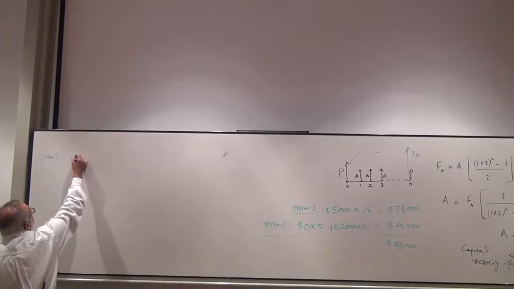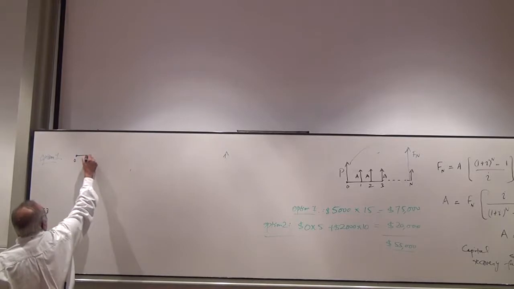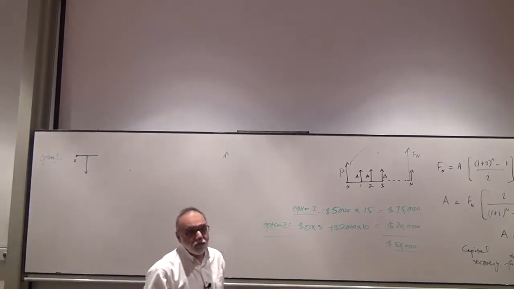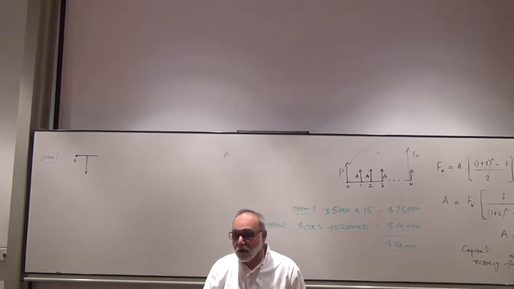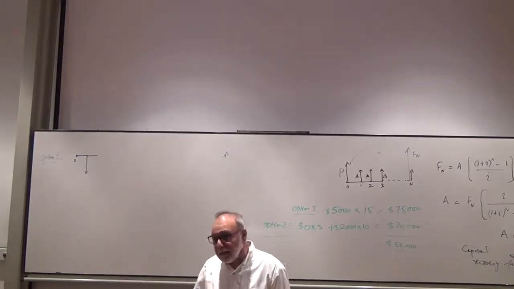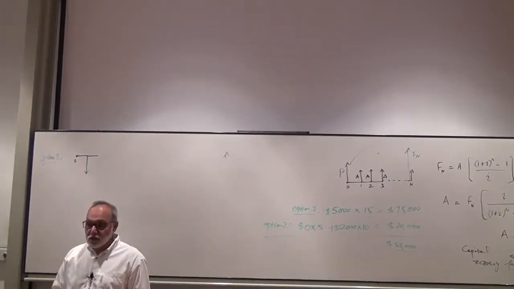Let's say this is year 0, the start, and then each year. Now in this kind of problems, we normally assume that although the maintenance is going on maybe on a monthly or weekly basis, the $5,000 occurs at the end of each year.